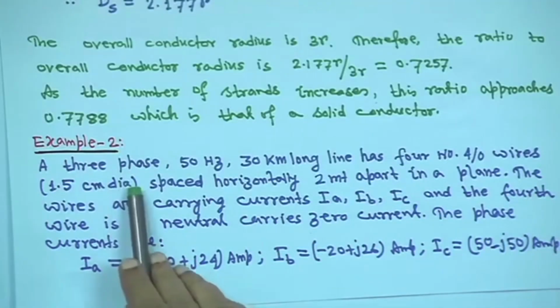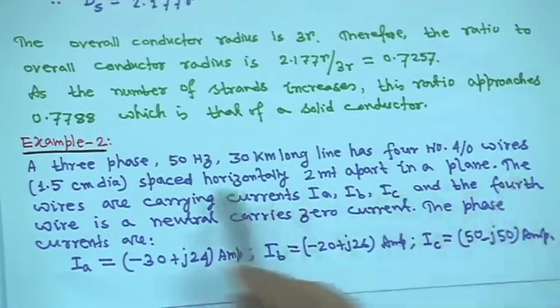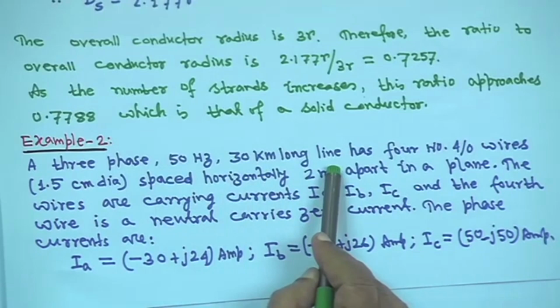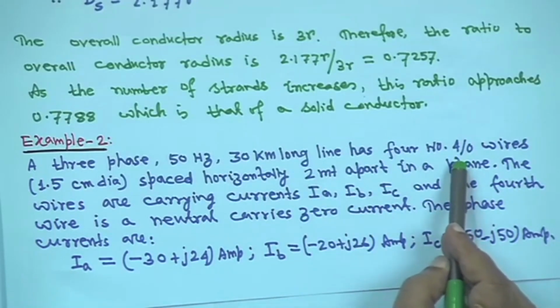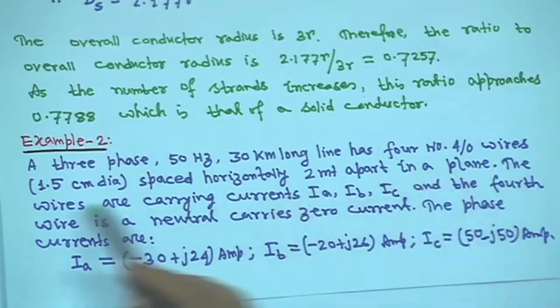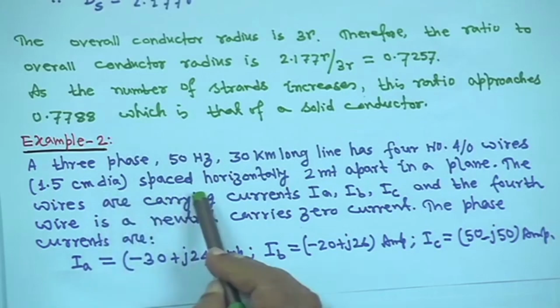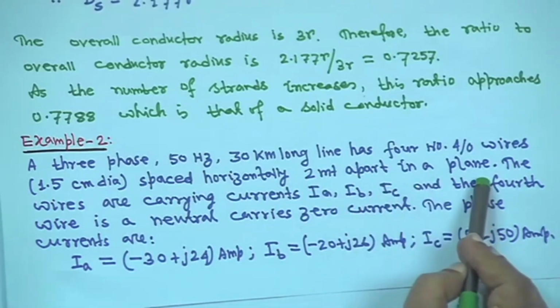First I am reading this problem, then we will give the diagram. So, a 3-phase 50 Hz 30 kilometer long line has 4 wires, some kind of conductor specification, 1.5 centimeter diameter, spaced horizontally 2 meter apart in a plane.